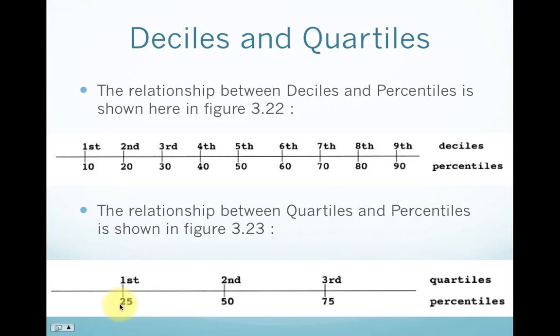Okay, and we can look at the quartiles and the percentiles in the same way. 25% of the data values fall below the data value at the 25th percentile, the first quartile, whereas 75% of the data values fall below the data value at the third quartile, or 75th percentile.